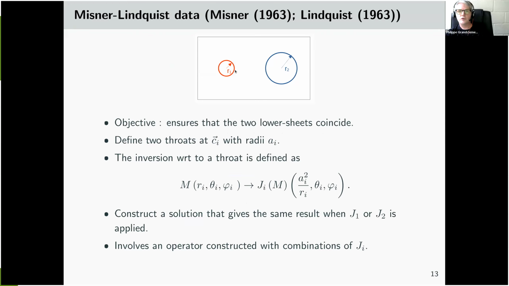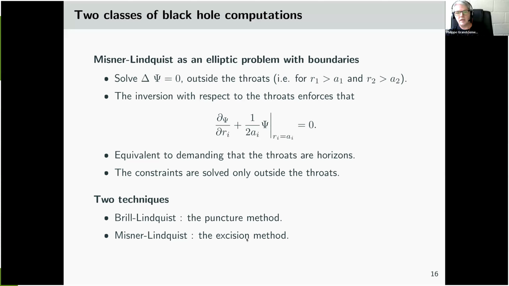You give yourself two horizons, the red and blue spheres, and you solve only outside of those horizons, and you impose that the spheres are apparent horizons by demanding that the conformal factor obeys a very particular boundary condition on the spheres. So if you want, the Misner-Lindquist data corresponds to what we call the excision method, where you solve the equations only outside of an apparent horizon, and you impose some conditions on this apparent horizon.